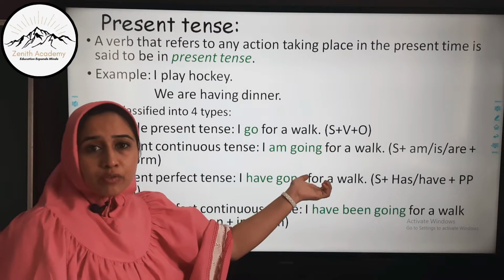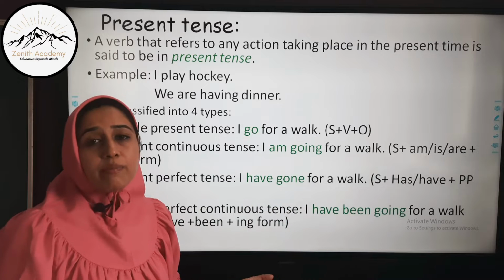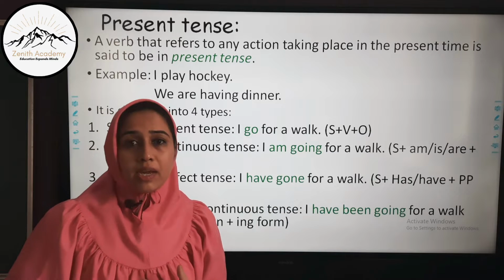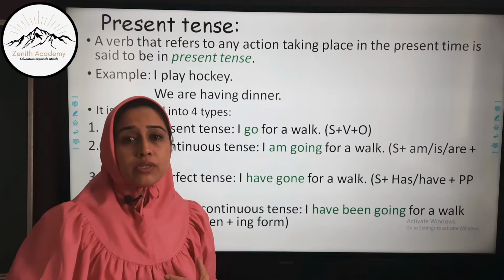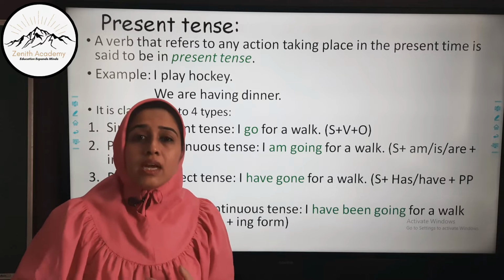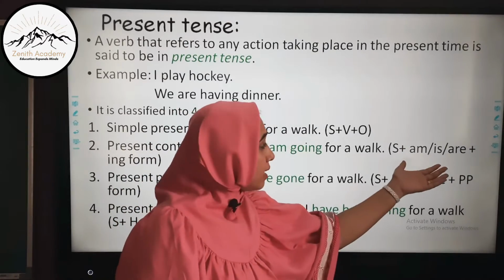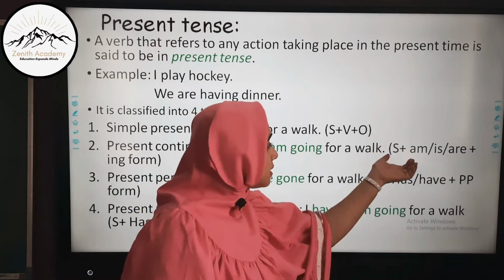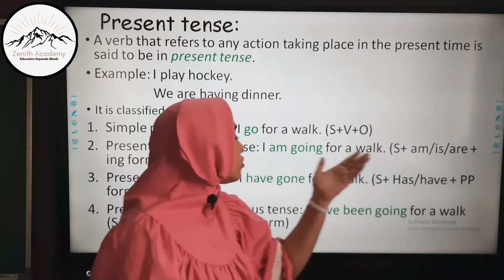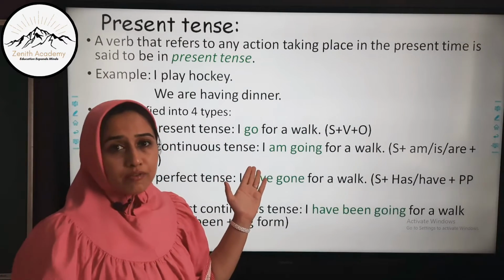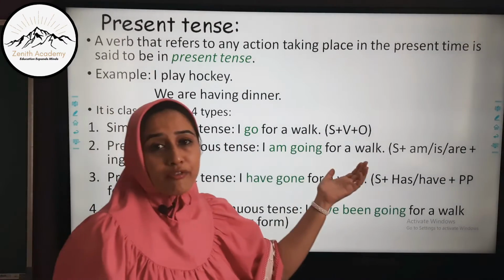So any verb we use over here, we have to add ing because the action is still happening. It is not complete. It is continuous. So when you add ing, it shows the continuity of that action. So here in the format, let's have a look once again. Subject plus am, is, are. So when I am using a single person, first person, it says I am going for a walk.